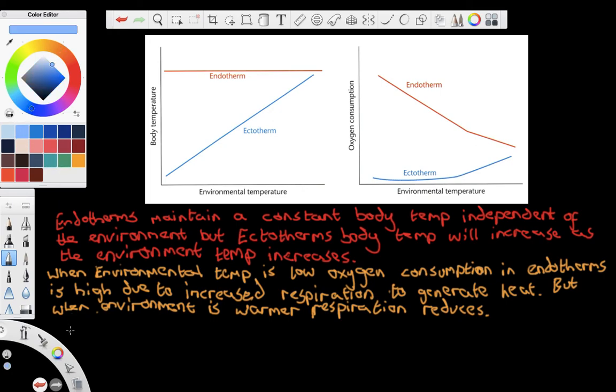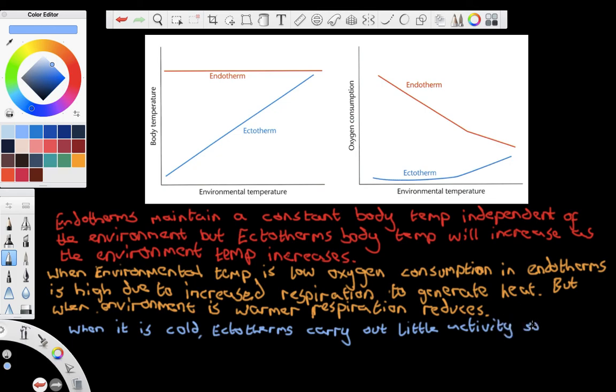So we can say that when it is cold, ectotherms carry out little activity, so respiration is needed less.